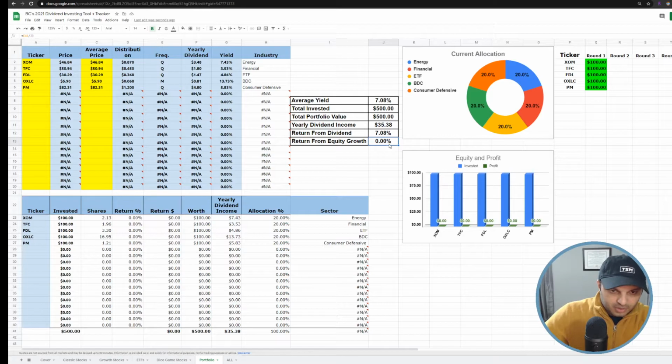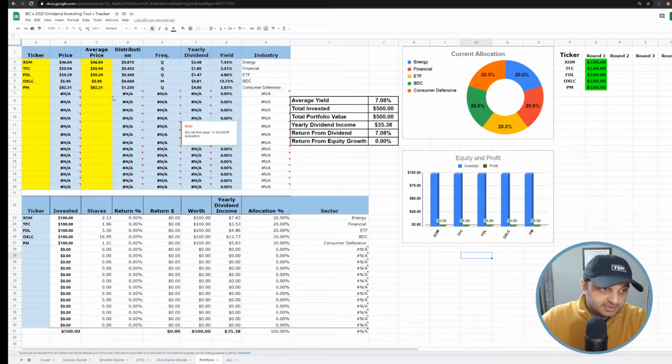Now this is where it's 0 because I bought everything at market price, and we're looking at the growth today, and since we bought them today, there's no growth. Okay, so for some reason, let's say you bought it today, right? Tomorrow the stock price becomes $100 for Philip Morris, let's say.